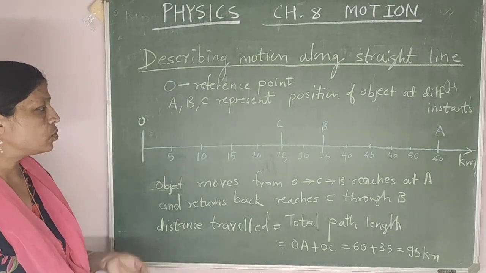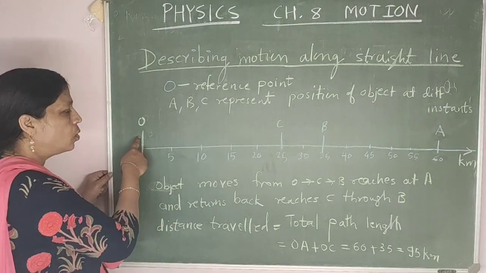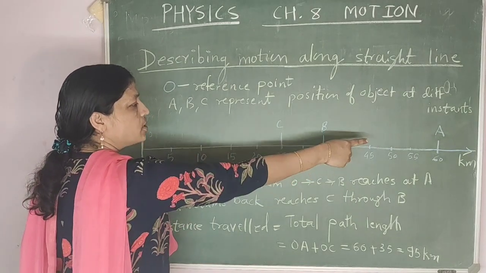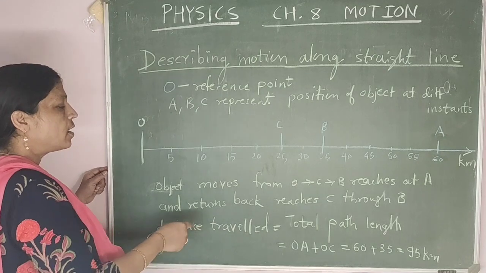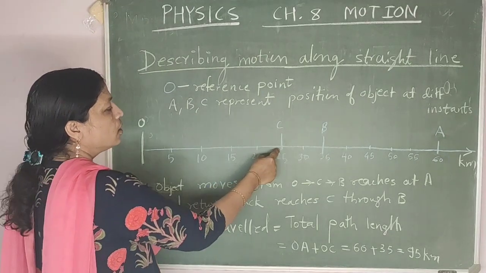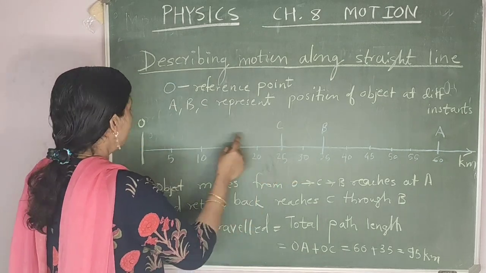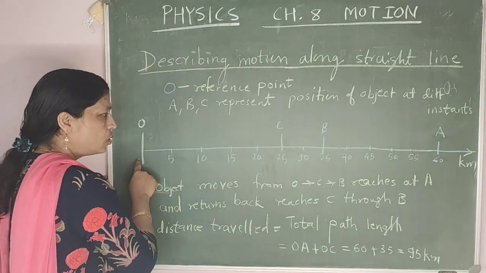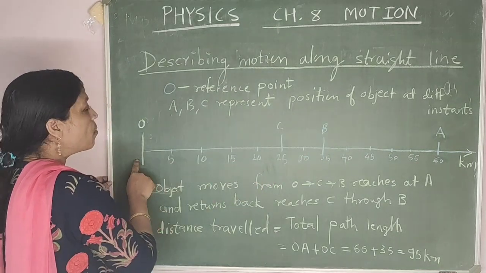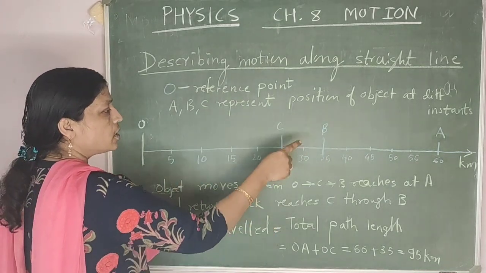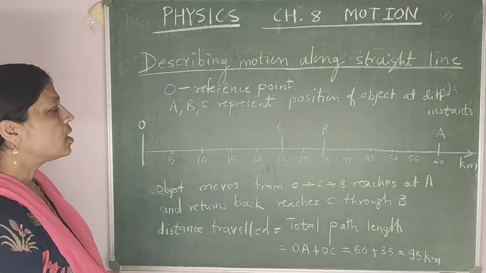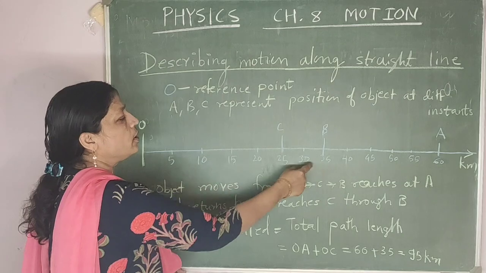The object moves from O to A, and returns back to C through B. First the object goes from O to A, so the distance covered from O to A is equal to 60. It returns back and reaches C through B.